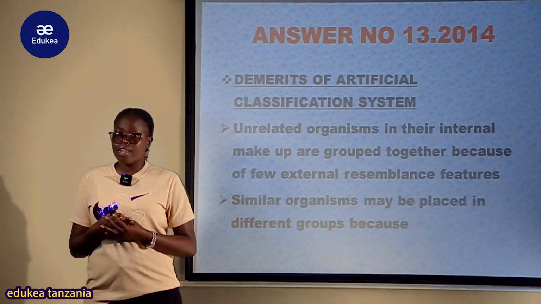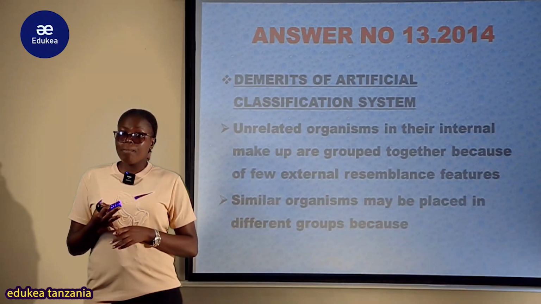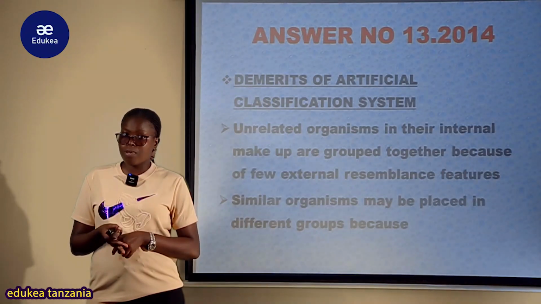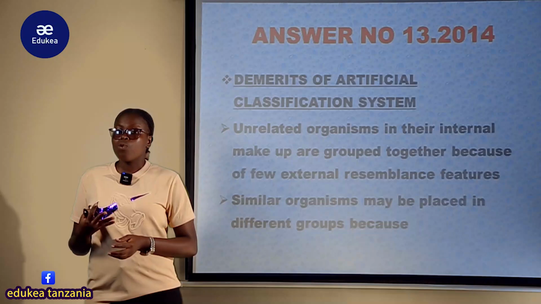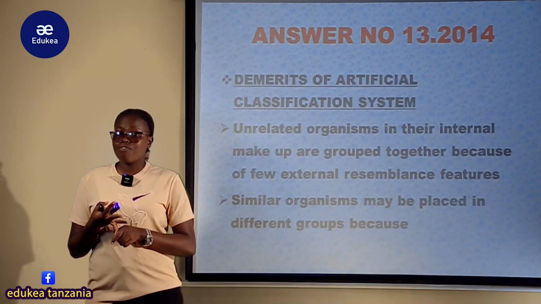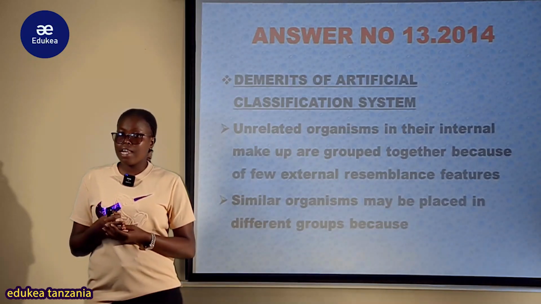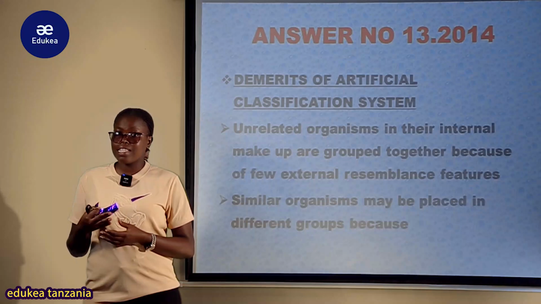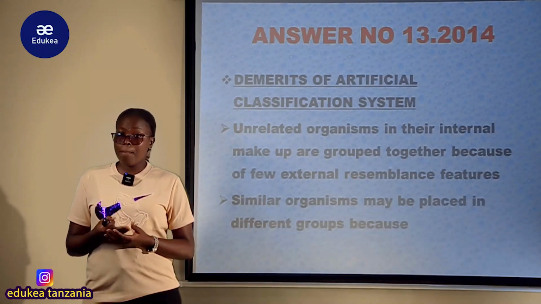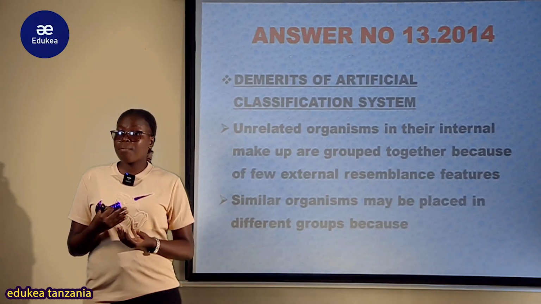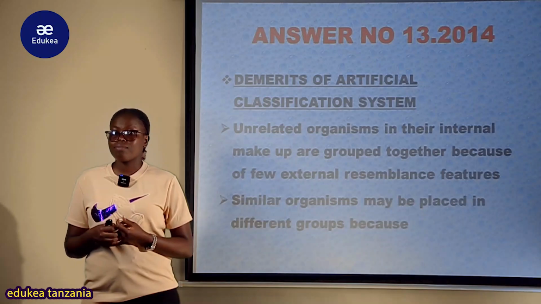Ukiangalia katika evolutionary relationship, kwa sababu ukiangalia bees yupo katika phylum Arthropoda katika class Insecta. Ukiangalia bird yupo katika phylum Chordata katika klasi ya ndege, Aves. Ukiangalia bats ipo katika phylum Chordata katika klasi ya mammals.